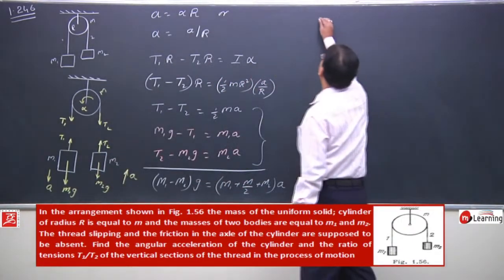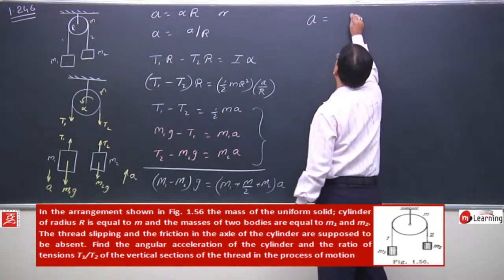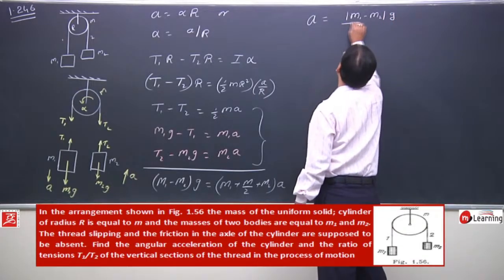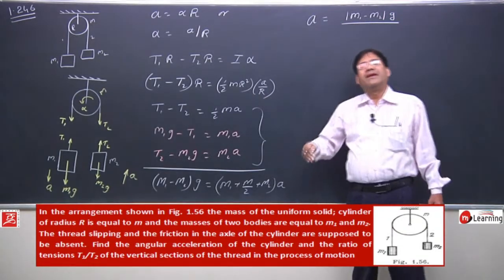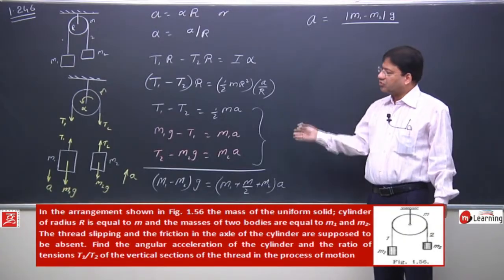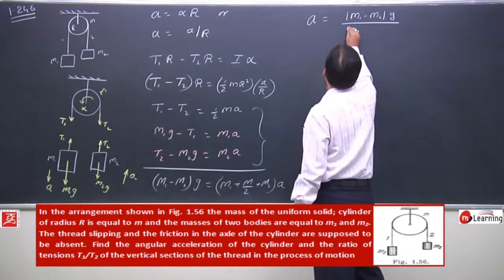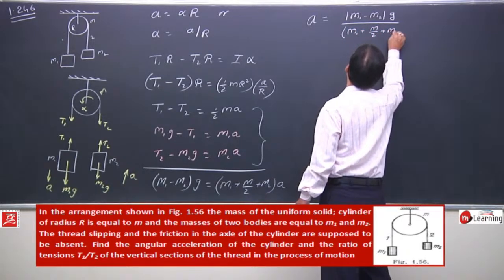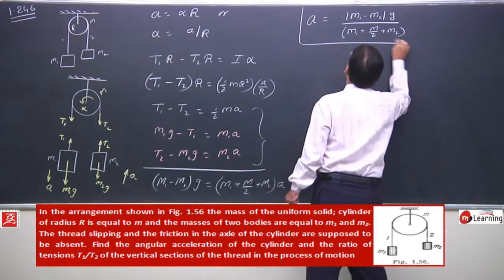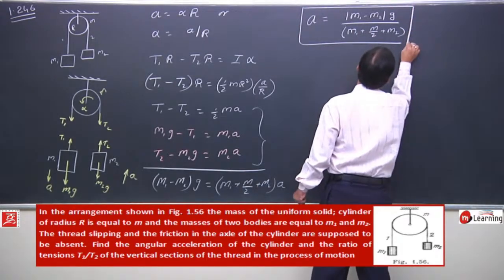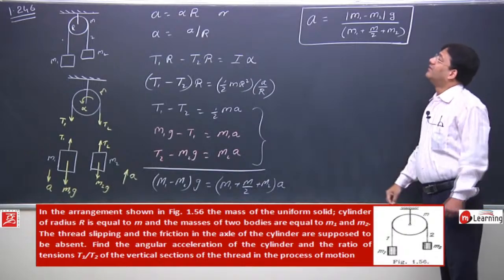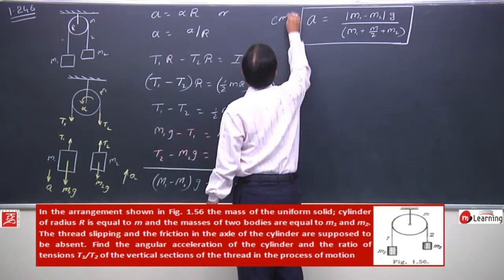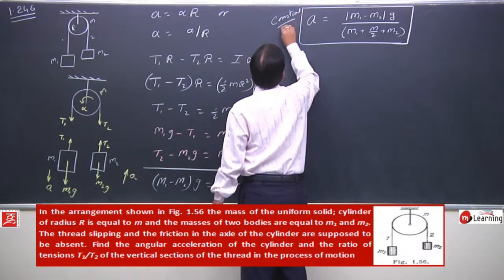This would give me the acceleration of the system, which is mod of m1 minus m2 I have to write, because if I assumed m1 to be greater, it may be that m1 is less, then it would be in the opposite direction, upon m1 plus m by 2 plus m2. This is the acceleration of the system, constant acceleration. This would be constant acceleration.